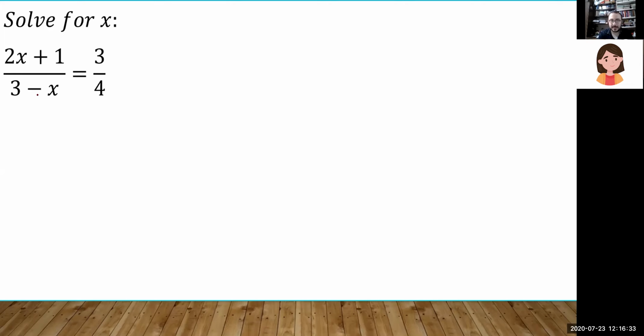The LCD is okay. The LCD is equal to 3 minus x times 4. It means 4 times, or you can put it in bracket, 3 minus x. This is the LCD. Write this on your paper and do it alone as homework for next time.